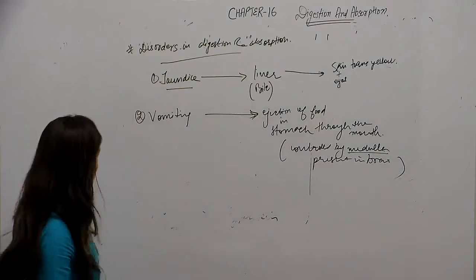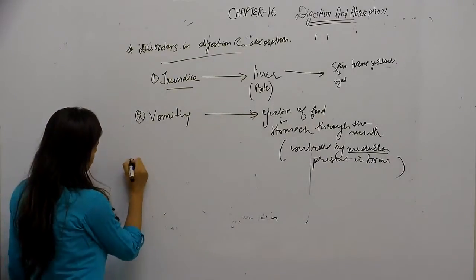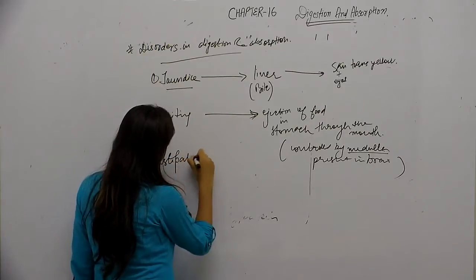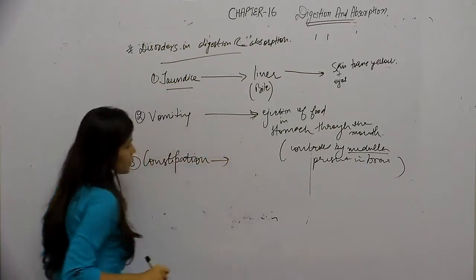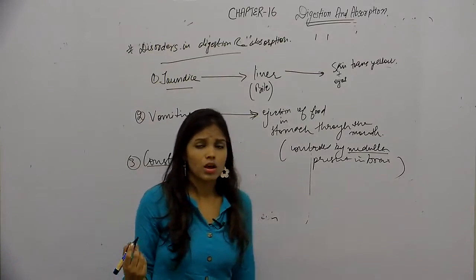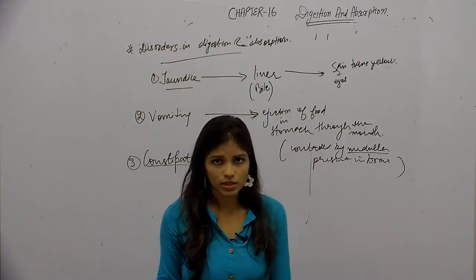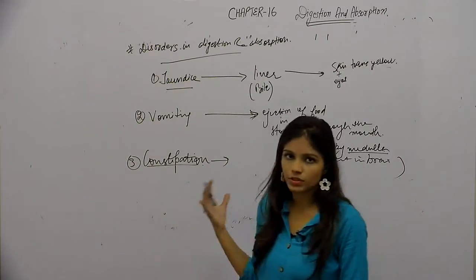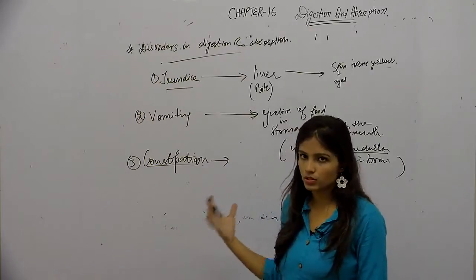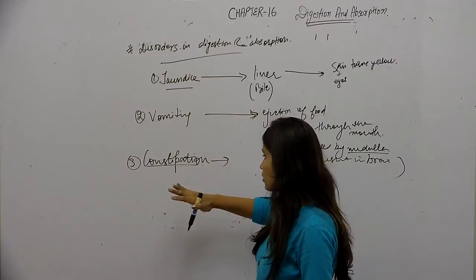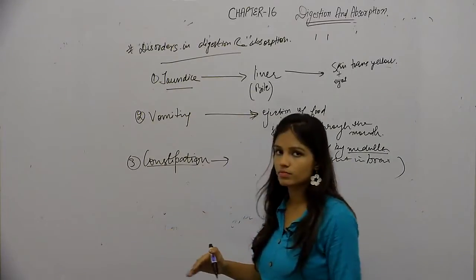Let's see the third disorder, which is constipation. What happens here is the food which is present in the large intestine fails to get defecated by the anus.